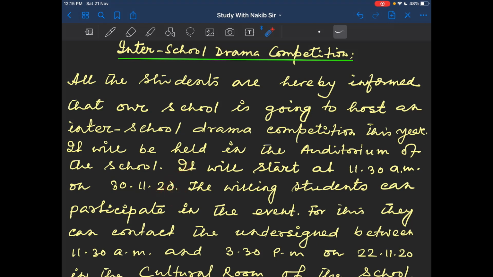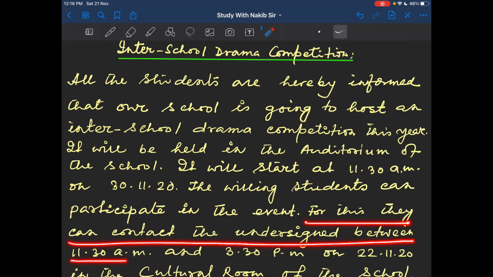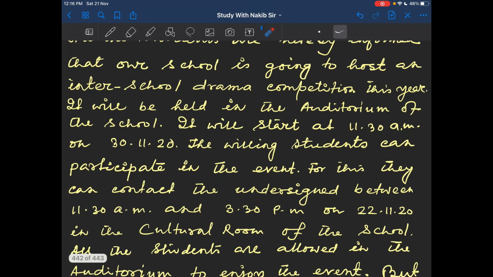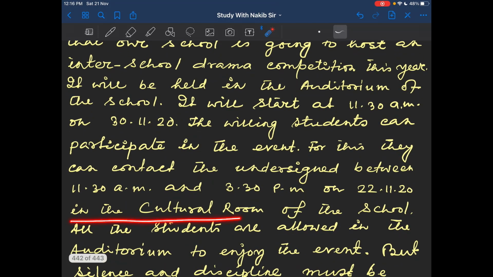The winning students can participate in the event, and here he will give 1 mark. And for this they can contact the undersigned between 11:30 a.m. and 3:30 p.m. on this day in the cultural room of the school.